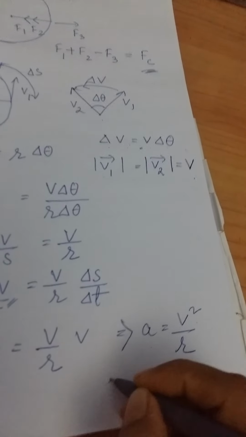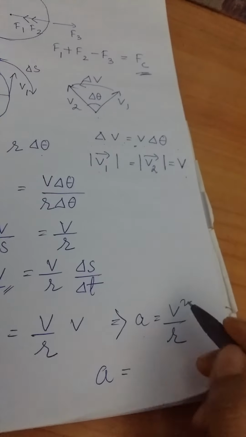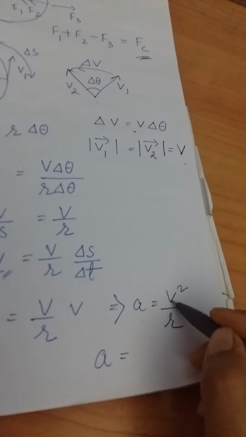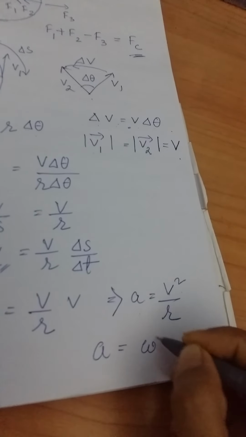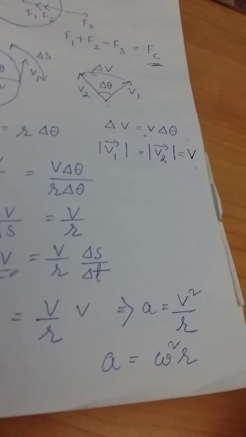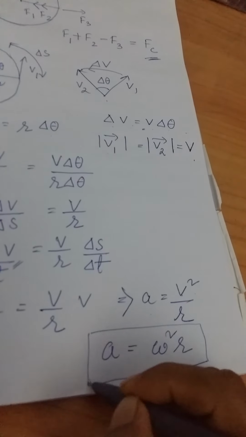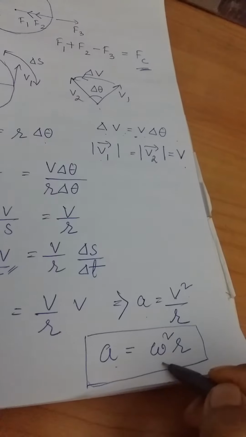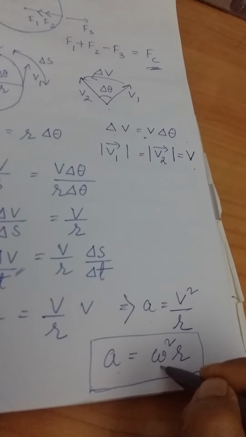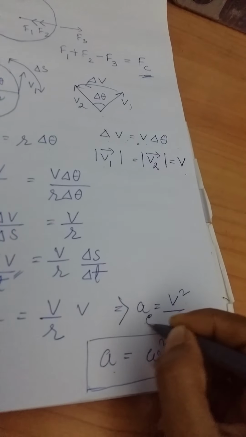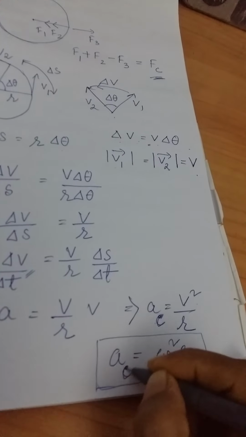And if in place of v we put v equals omega r, then we have a equals omega square r. This is the relation between centripetal acceleration and the angular velocity. This is the expression for the centripetal acceleration.